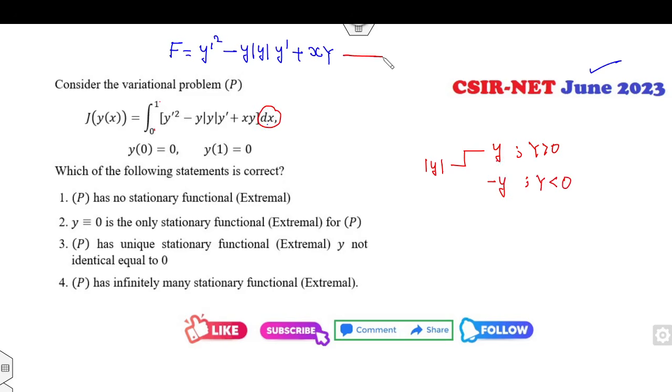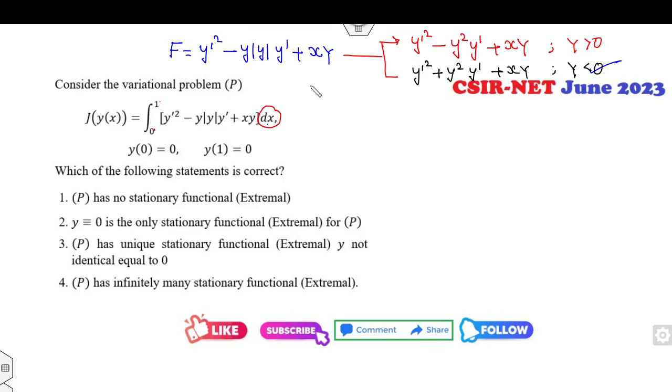So that means this has two choices. The first choice is y dash square minus y square y dash plus xy, when y is greater than 0, and the second case is y dash square plus y square y dash plus xy when y is less than 0.